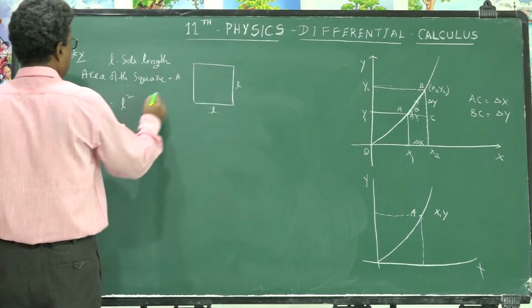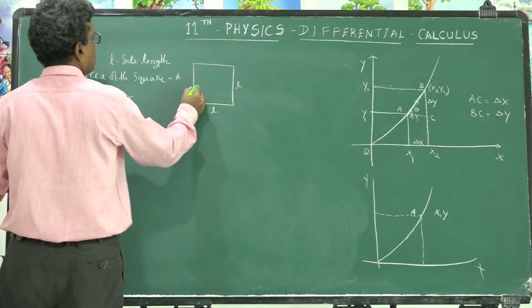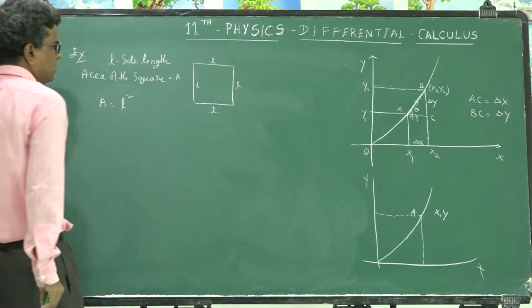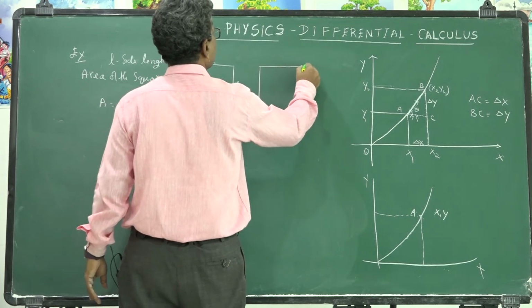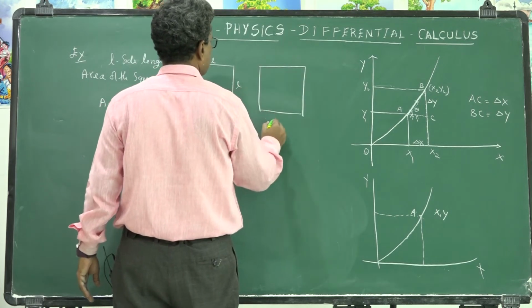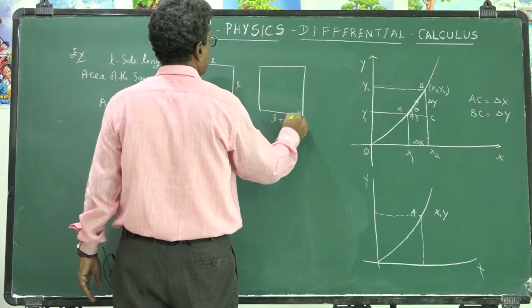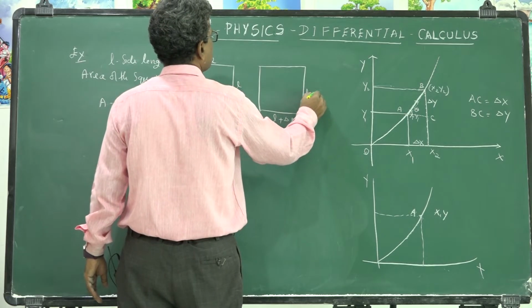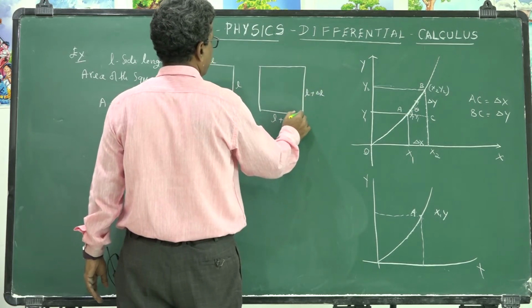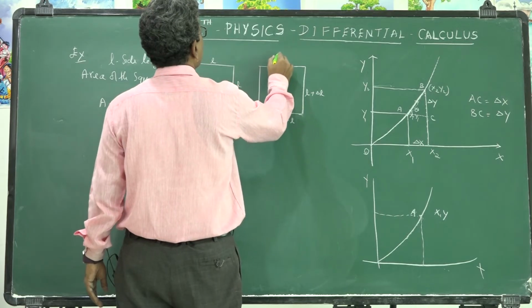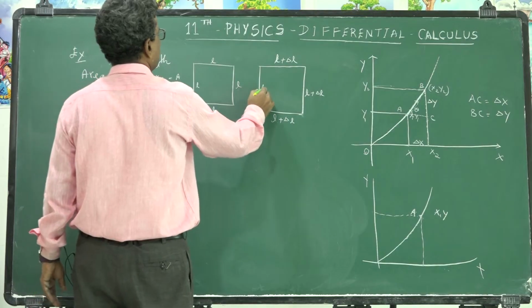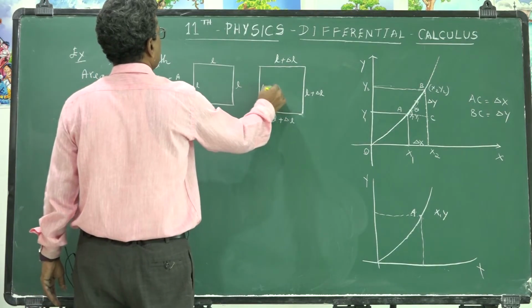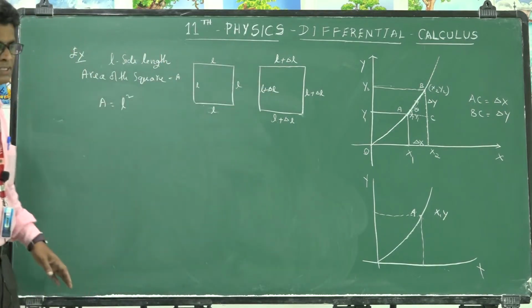So if L changes to L plus delta L, there will be a small increment in the value of L, that is, every side is L plus delta L. Then this area also increases.